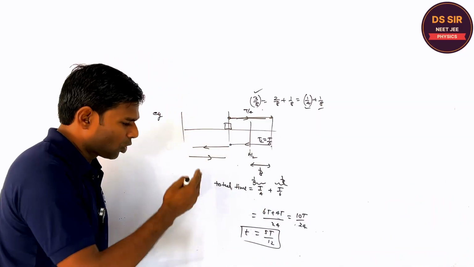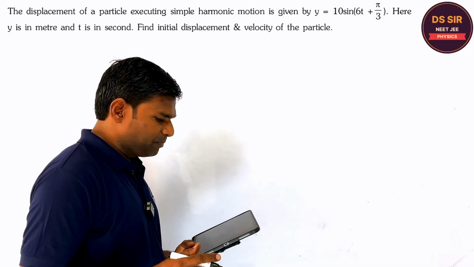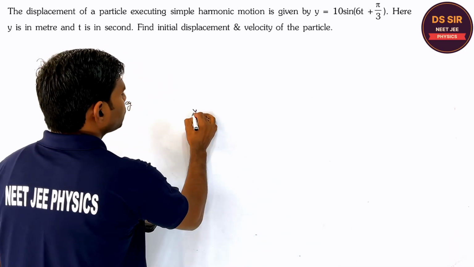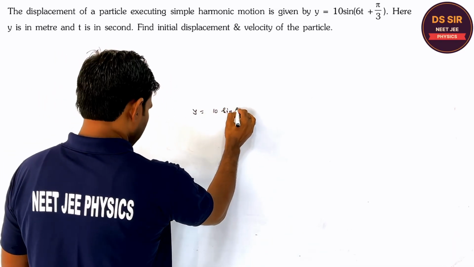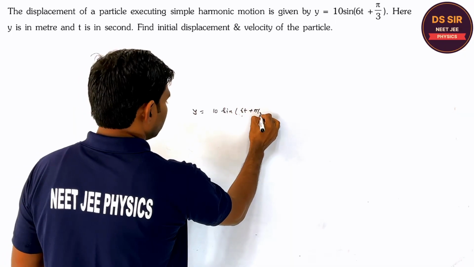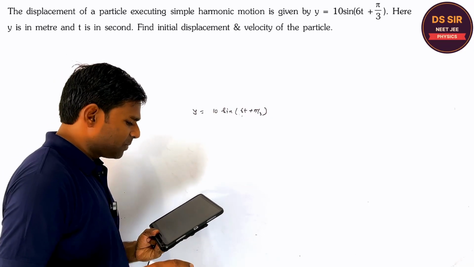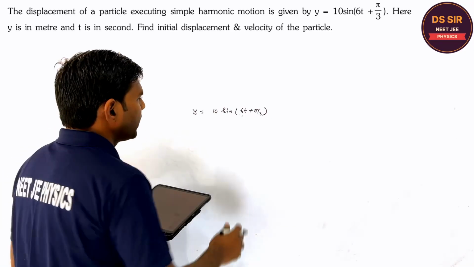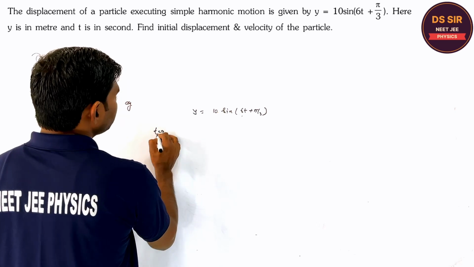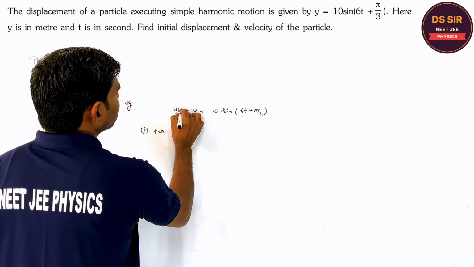All right, copy this. The displacement of the particle in SHM is given by y is equal to 10 sin(6t plus pi by 3). Here y is in meter, t is in second. Find the initial displacement and velocity of the particle. Initial displacement means at t is equal to 0, they are asking for y.